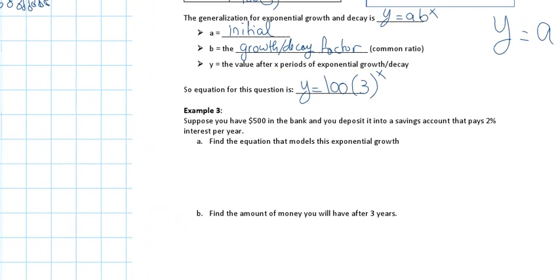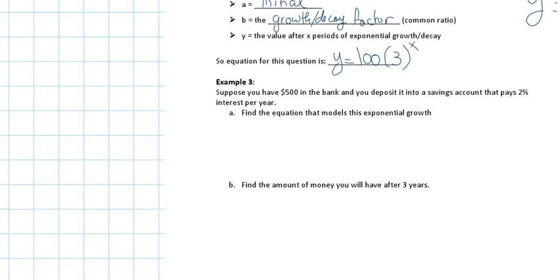So we have two other equations: y equals a times 1 plus i to the power of x, and y equals a times 1 minus i to the power of x. These are also exponential functions, but we use them whenever they give us a percentage.